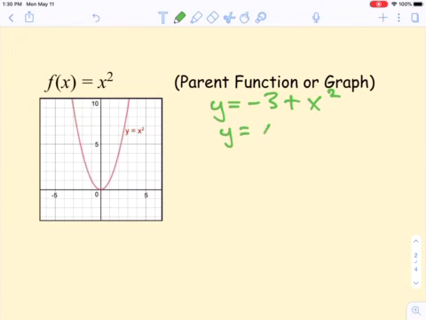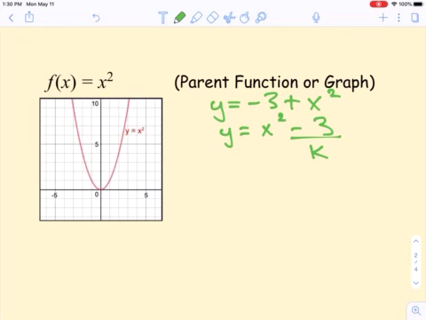It looks like x squared minus 3. So this is my k. K is not intermingled with the x squared. It's aside from it. You'll see when we look at horizontal translations that it's a little different. So this is my k.